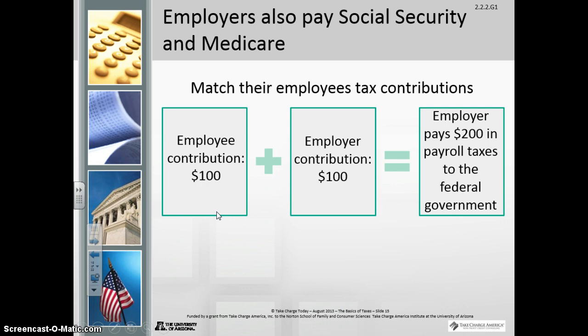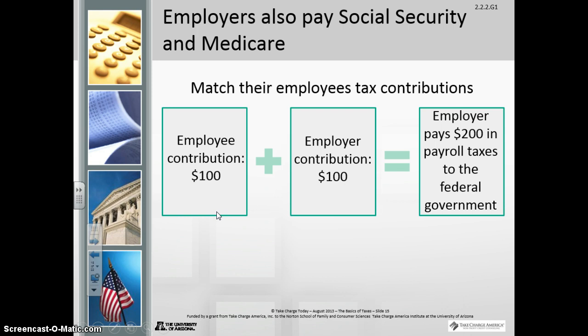So for example, if an employee owes $100 for Social Security and Medicare taxes put together, the employer will deduct this amount from the employee's check. Then the employer will pay the government a total of $200, $100 for the employee's part, and $100 for the employer's portion of the tax.